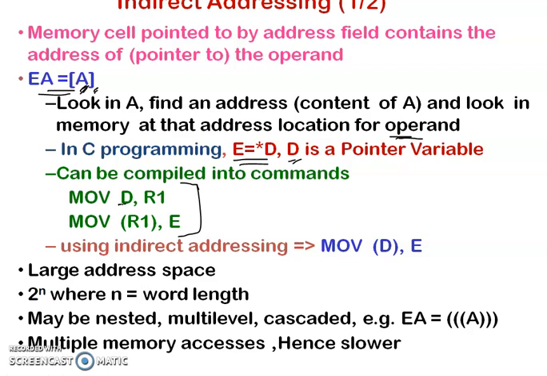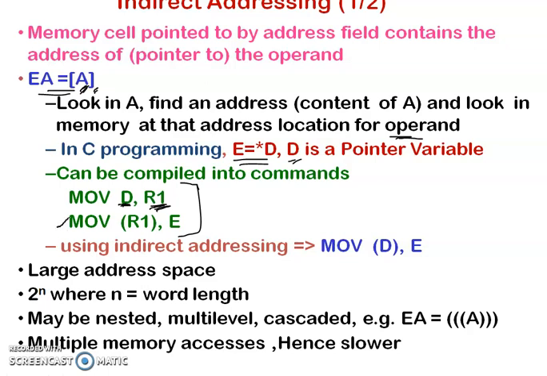So D will be having an address which will be copied to R1. Here, using direct addressing, D's value will be stored to R1. So R1 will be having again an address.